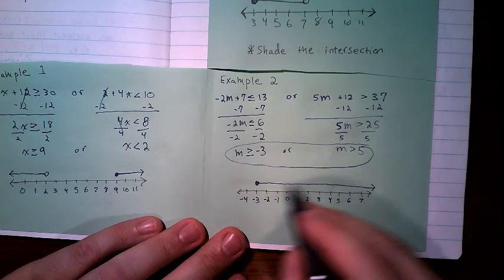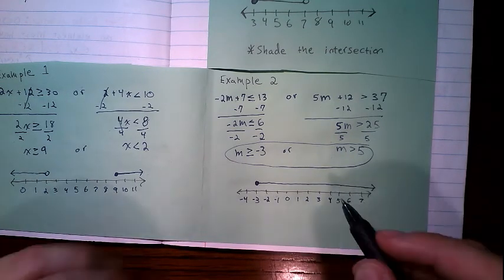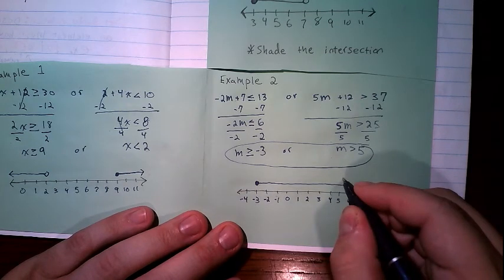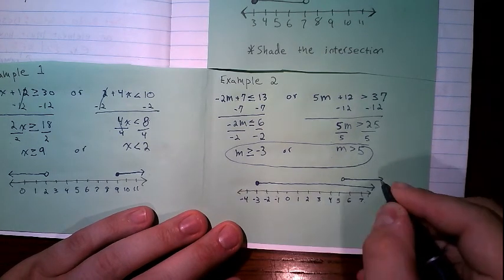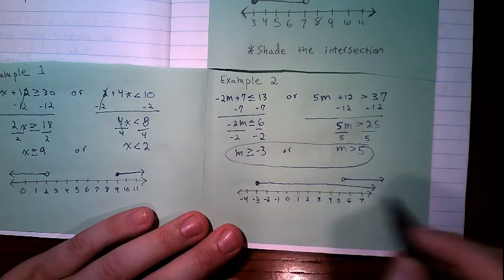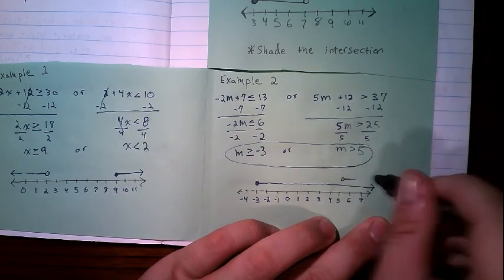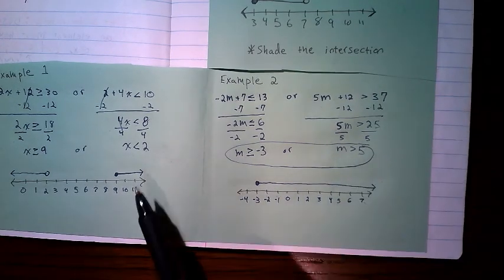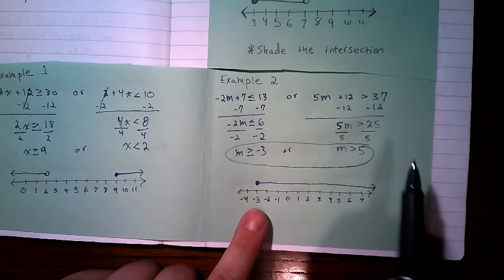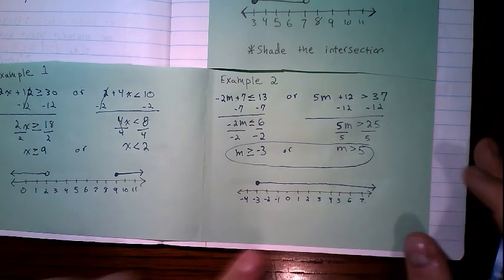So I don't really have to draw in that line again, because it kind of copies itself. I only need one line to represent all of those values. So in some cases, when you have an or, it's not going to look like it's going two separate ways. Sometimes they can overlap, okay? Because this is actually included in this.